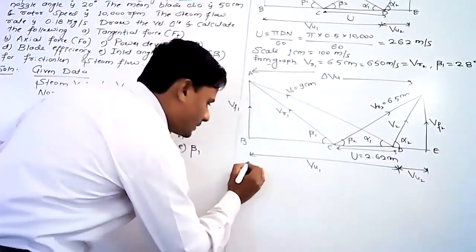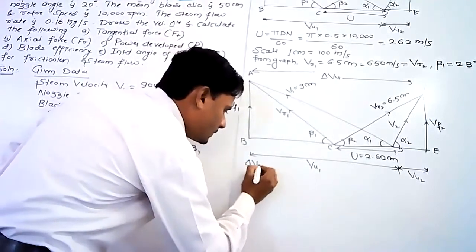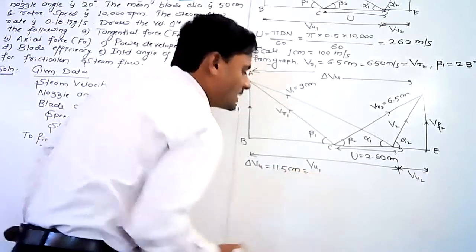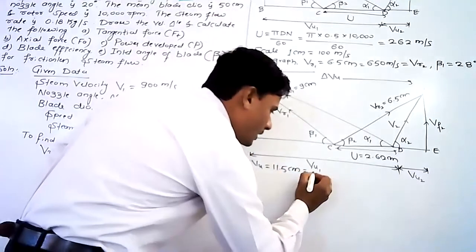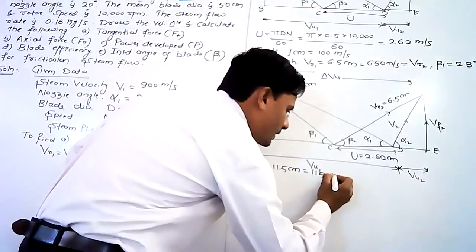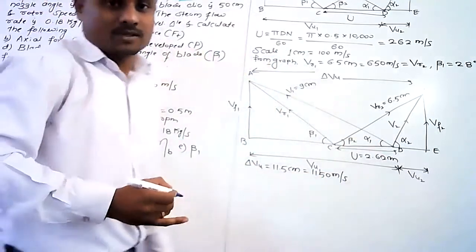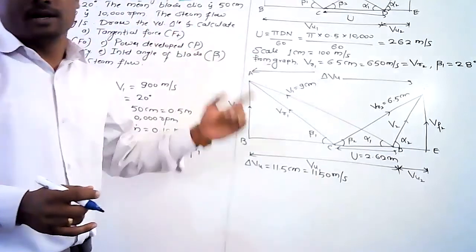So let me write here from graph, delta VU equals 11.5 centimeters, or just multiply with 100, you get 1150 meter per second. So this is the value of delta VU.